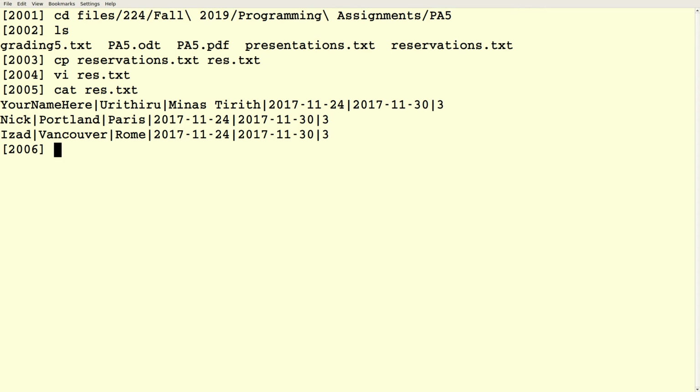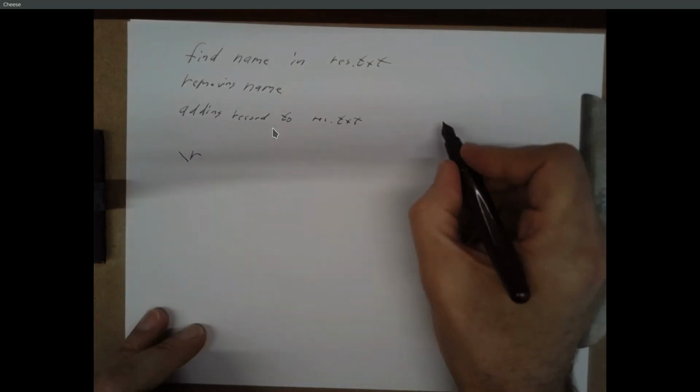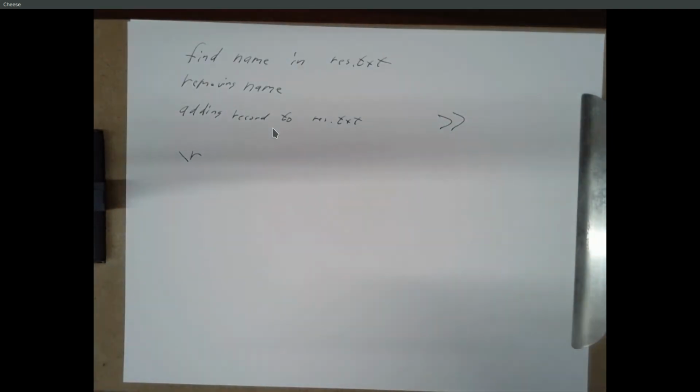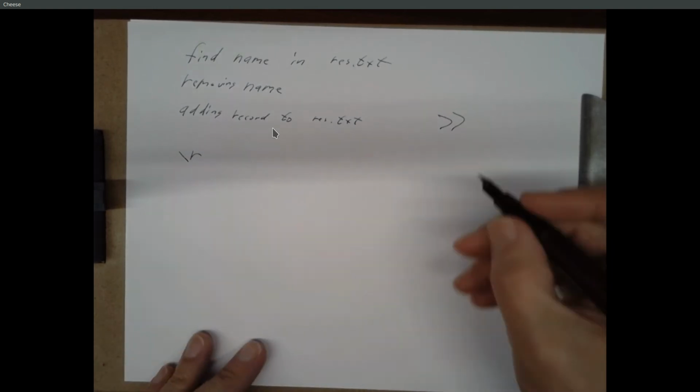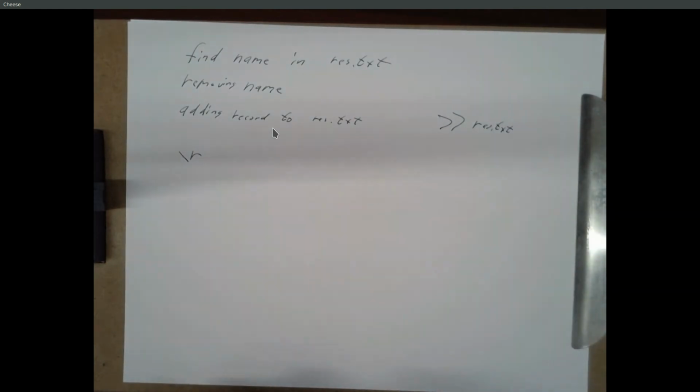and if you want to add something to that, the trick is just use greater than. If you type a command and you say greater than file name, it writes the output in that file. If you say double greater than and a file name, it'll append it.